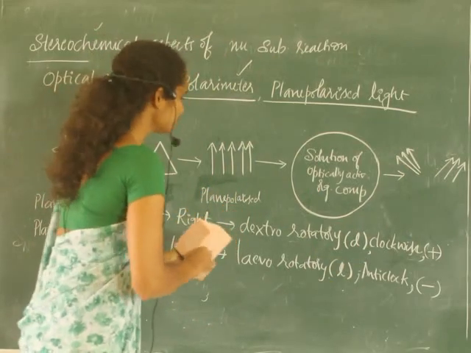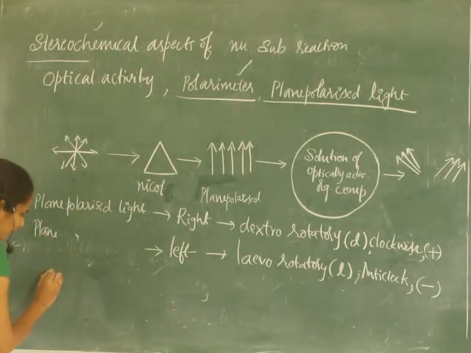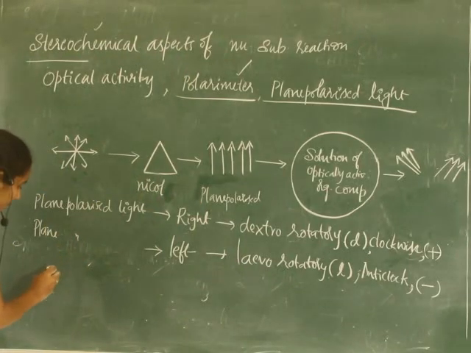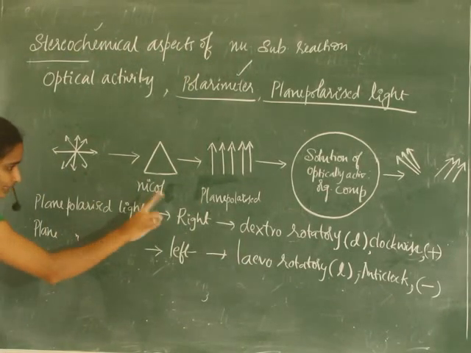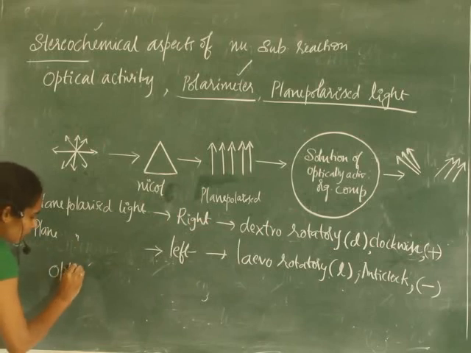D or L isomers are called optical isomers, and this is called optical isomerism.